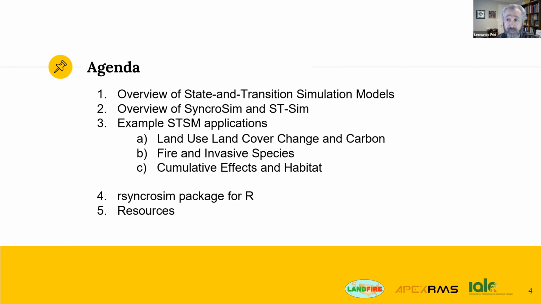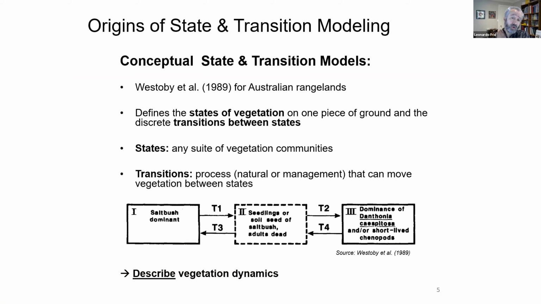So when we talk about state and transition models, going back to the origin of this kind of modeling approach, we're often talking about conceptual models that describe what can happen to a particular piece of land in terms of the vegetation communities that can be present there, and the changes that would move a particular piece of land from what we call one state to another.